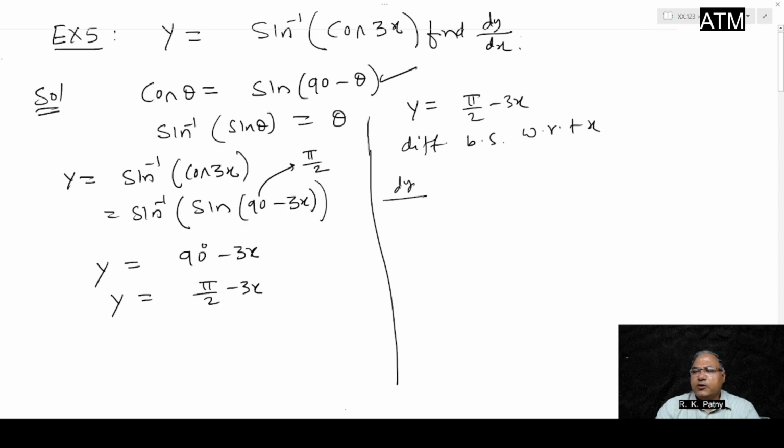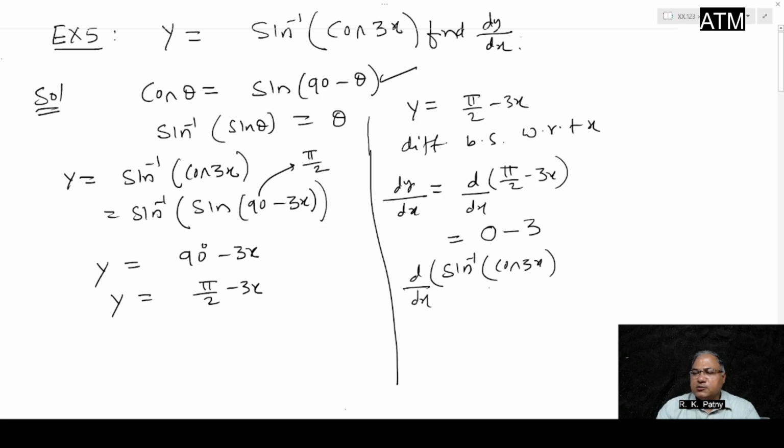Therefore dy by dx equals to derivative of pi by 2 minus 3x with respect to x. Pi by 2 is a constant, derivative is 0, and derivative of minus 3x is minus 3. Therefore, differentiation of sine inverse of cos 3x with respect to x equals to minus 3. This is the required answer.